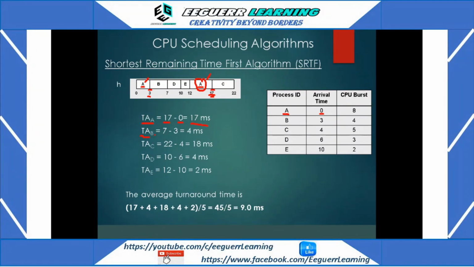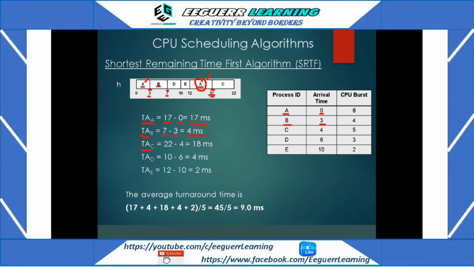We continue to the turnaround time for process B. Look for process B in our Gantt chart, check the head part of B, get the value of 7 and place it here. Look at our table for process B, get the arrival time of 3, and subtract. That will give us 4 milliseconds.